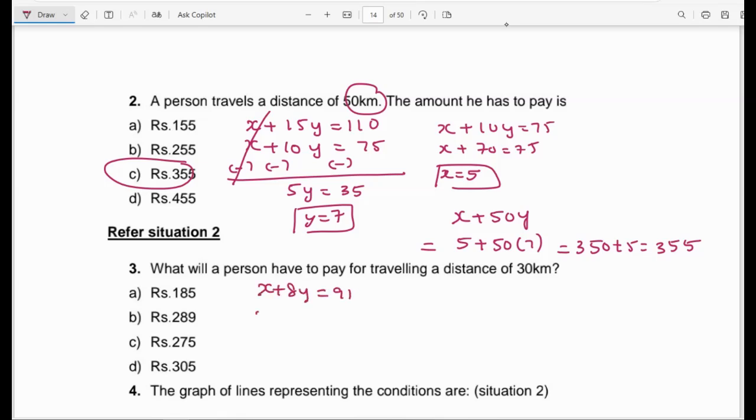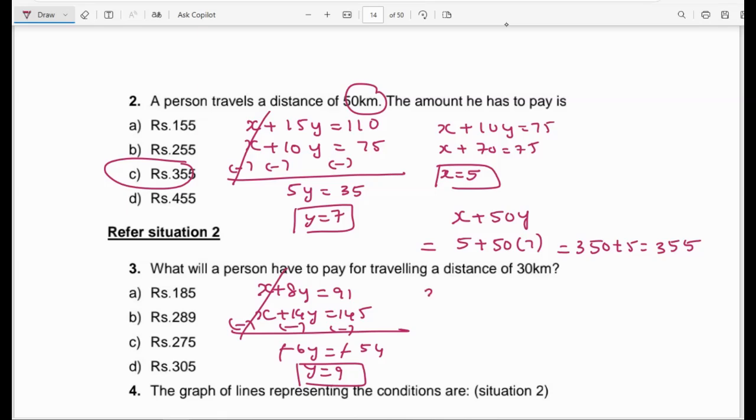The second case is x plus 14y is 145. So now if you subtract them, we get minus, minus, minus, so x will get cancelled. Here it is minus 6y equals minus 54. Minus will get cancelled. y will be 9.